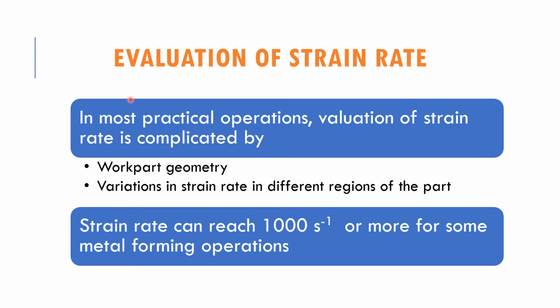So it is very complicated to determine the strain rate, and the variation in strain rate will be different in different regions of the part. The more complicated the part being created, the more complicated the evaluation of the strain rate will be.